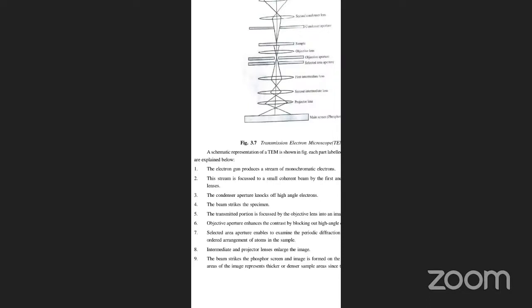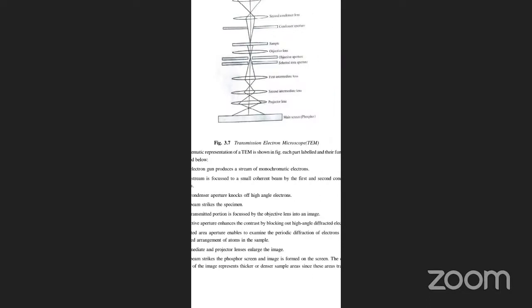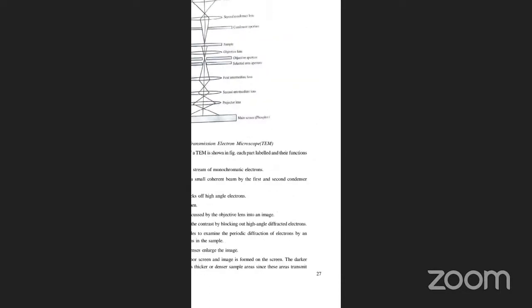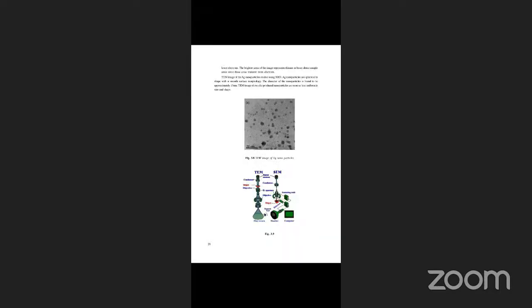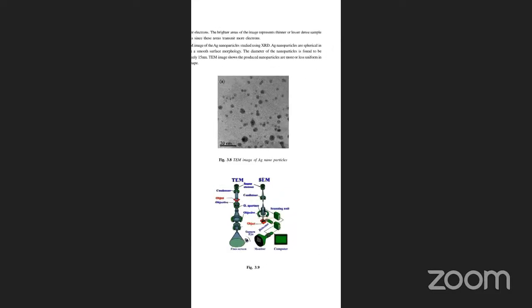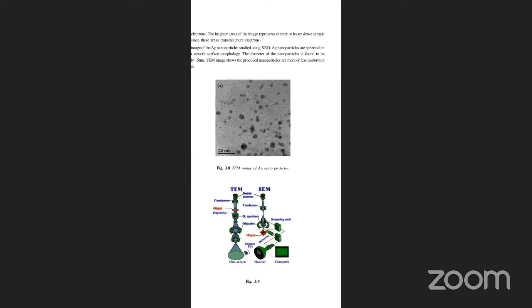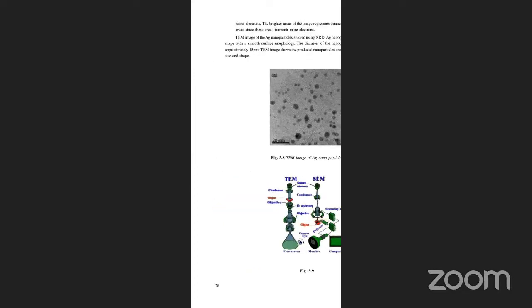The darker areas of the image represent thicker or denser sample areas, since these areas transmit fewer electrons. The brighter areas of the image represent thinner or less dense sample areas, since these areas transmit more electrons.